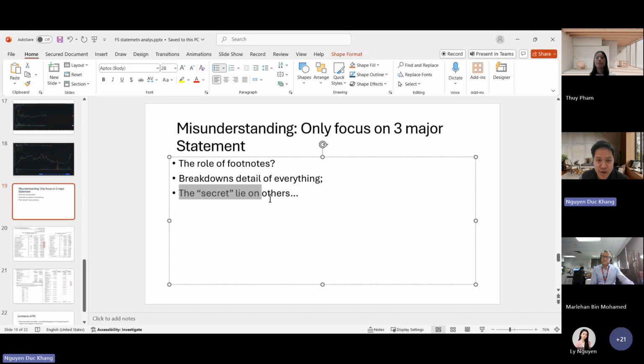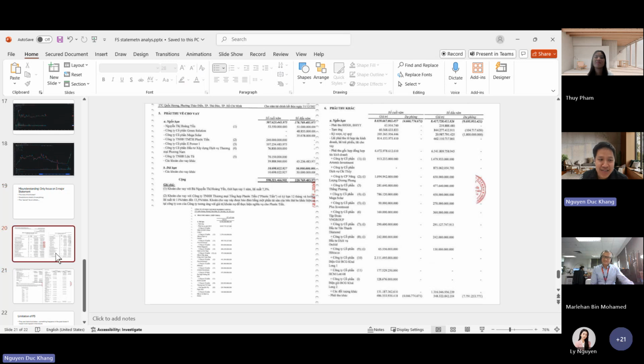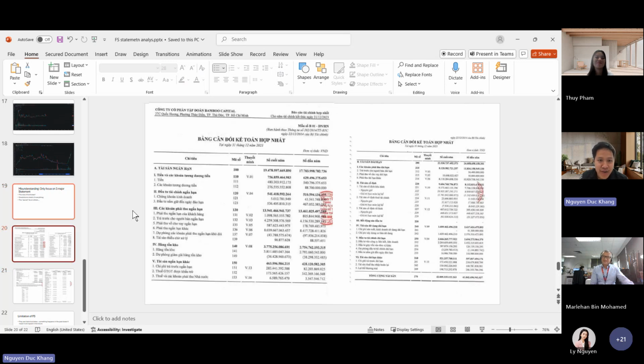And one small thing I want to say is that the secret often lies in the other items. Like we can see the financial statement of Bamboo Capital. I chose this one on purpose because it has had some legal trouble in recent years.